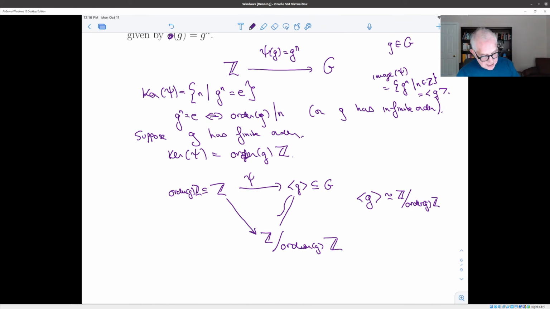I mean, the isomorphism is just that you send n to g to the n. And if you happen to be a multiple of the order of g, then you go to the identity. But that's what the isomorphism theorem says in this particular case.